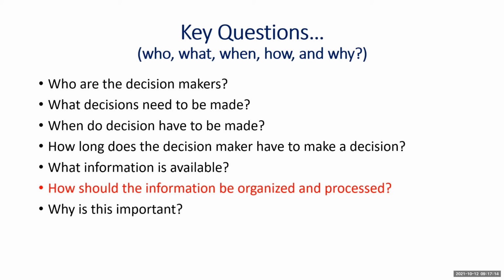So the next thing we want to think about is how should the information be organized and processed. If you just have a giant pile of information, it can be overwhelming. It probably is overwhelming. I was a little overwhelmed looking at some of Cale's slides in the beginning because there's a lot of data, but what we really need to achieve through a decision support system is understanding.